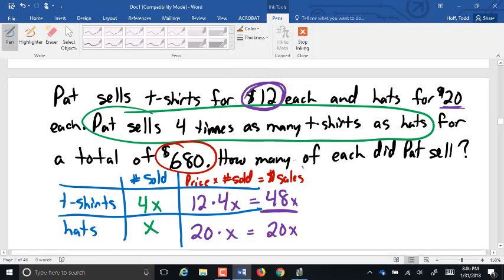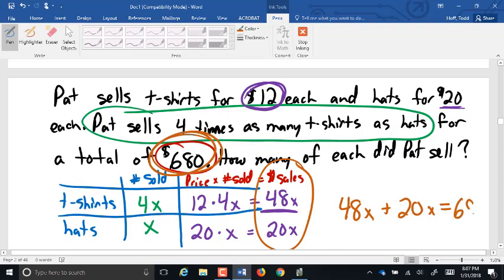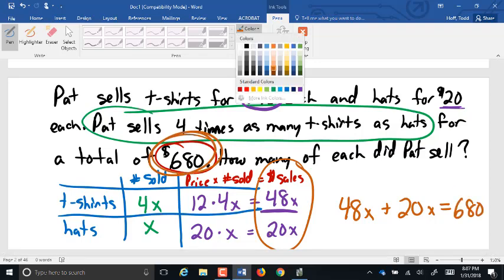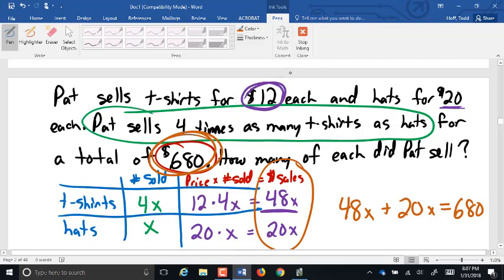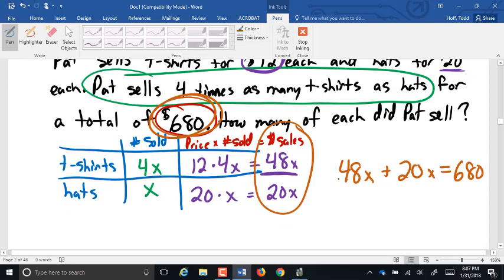So that is now dollar amounts. Those 2 dollar amounts, 48x is the dollar amount from t-shirts, plus 20x is the dollar amount from hats, has to add up to $680. What do we do next? Combine. What is 48x plus 20x? 68x.